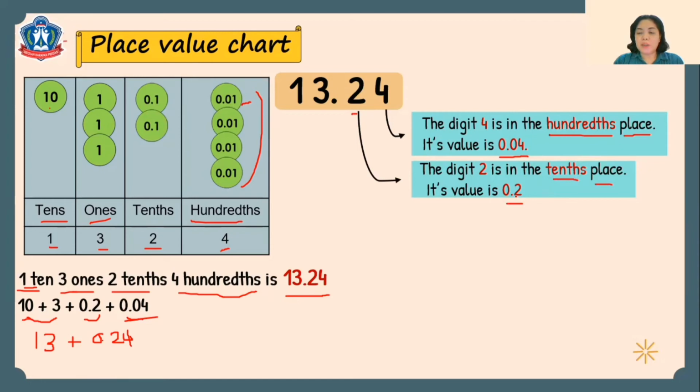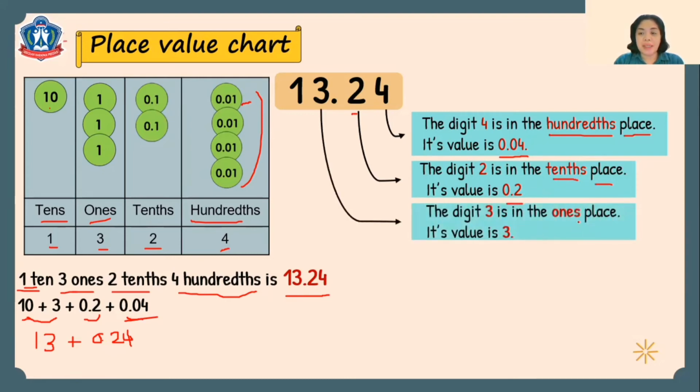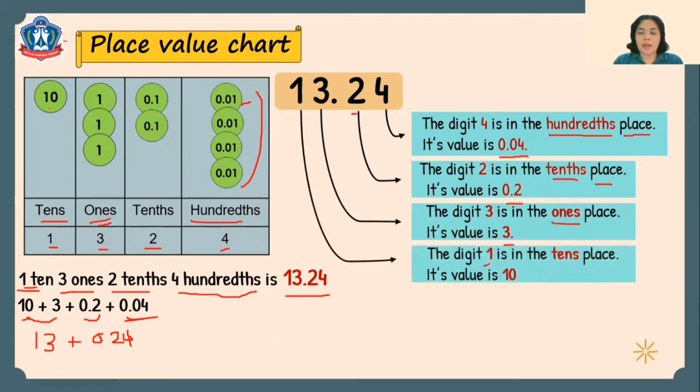So 0.2 plus 0.04 is 0.24. Next is the digit 3. It's in the ones place, and the value is only 3. This is already the whole number. The whole number starts from ones. And the last digit is the digit 1, and it is in the tens place, and the value is 10.